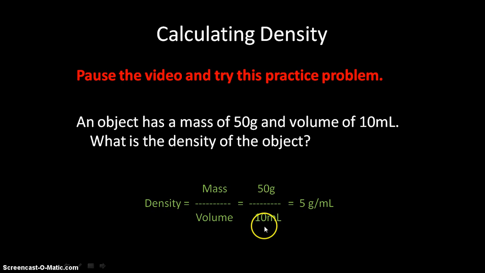So we know 50 and 10 are numbers, so we can divide those. 50 divided by 10 is 5, so I can move that to my answer, but I cannot divide grams by milliliters or G by ml, so those have to be represented in my answer. I move G over ml to my answer, and I have 5 grams per milliliter, which, like we said, literally means that there are 5 grams per every milliliter of volume, and that is the measurement for density.